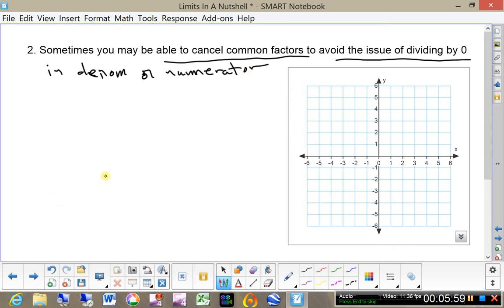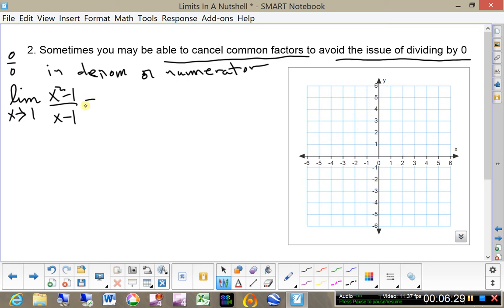Let's take an example. The limit as x approaches 1 of x squared minus 1 divided by x minus 1. If you plug in, you get 0 over 0.